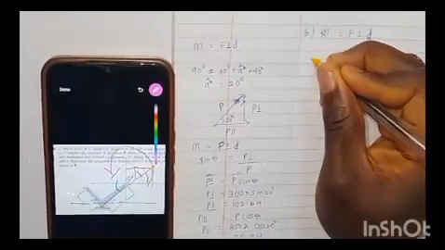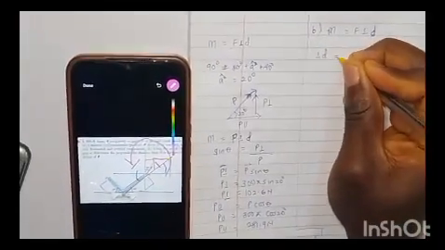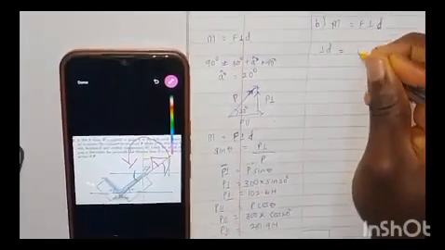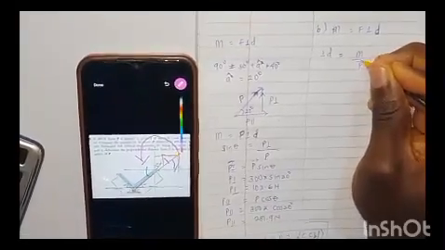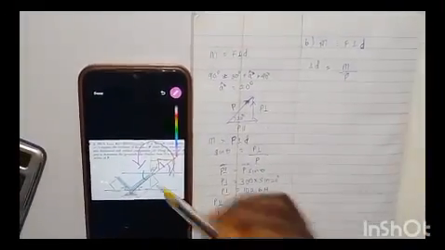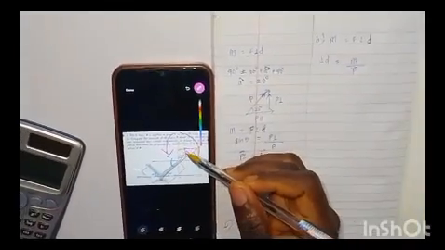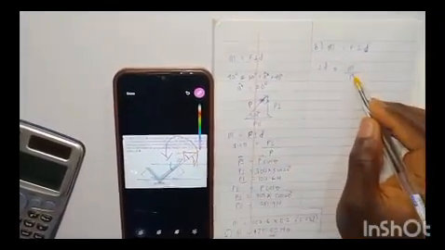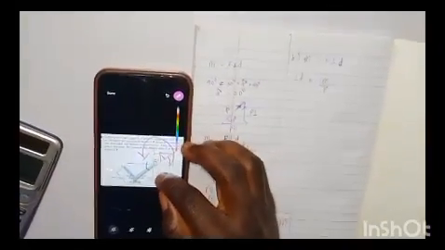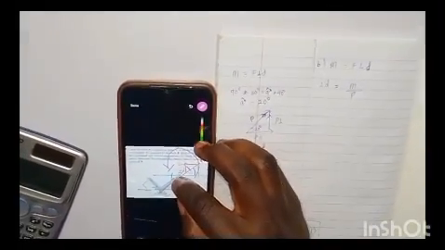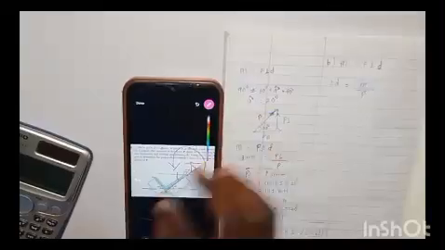So the perpendicular distance from O to the line of action of P will be our moment over the force. Don't forget the initial force given was 300 Newton. So you are using this 300 Newton to get the distance at which this force will be perpendicular to the line OA.